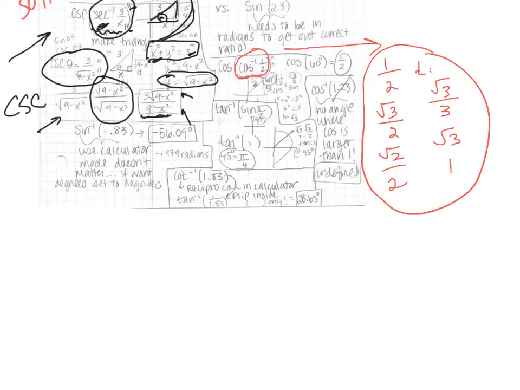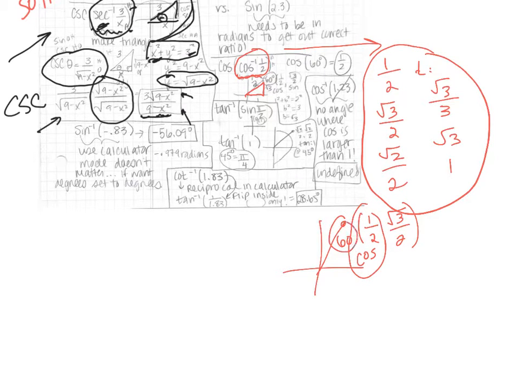So inverse cos, we know that since it's positive, we're talking about the first quadrant, and we know that at 60 degrees, we have 1/2 comma root 3 over 2. Since cos is on the left, at 60 degrees our cos is 1/2.